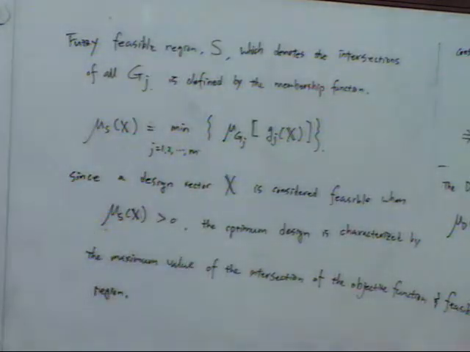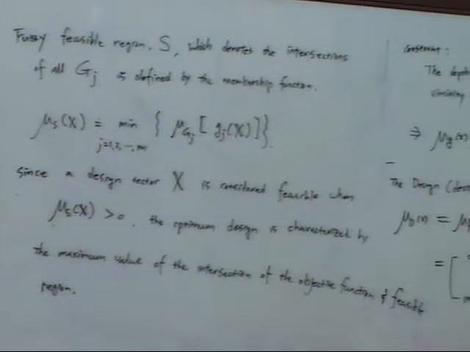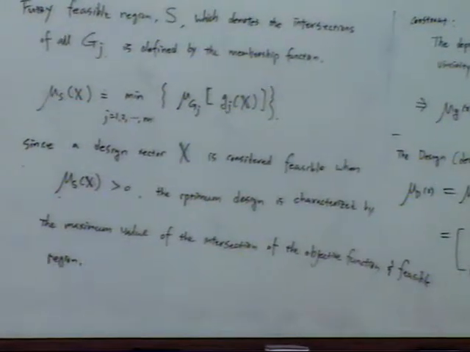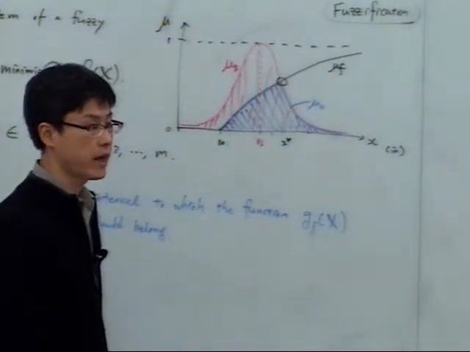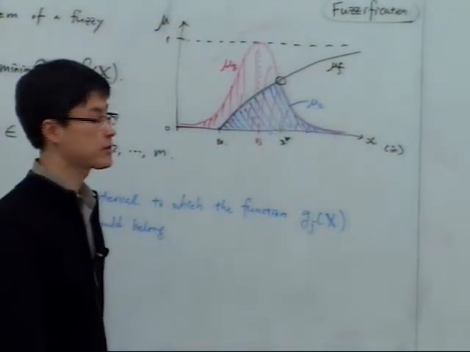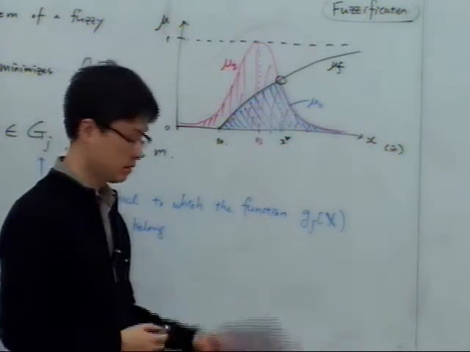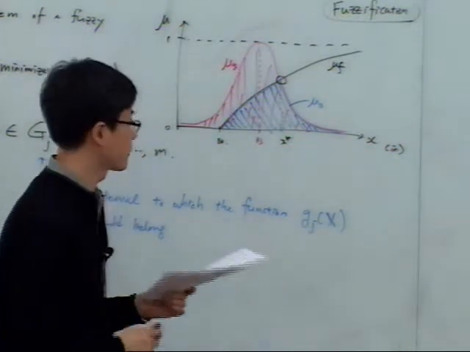That's what we did here. The intersection of this objective function and this feasible region is this blue area, right? And the maximum of the intersection of feasible region and objective function is the optimal design in a fuzzy system.